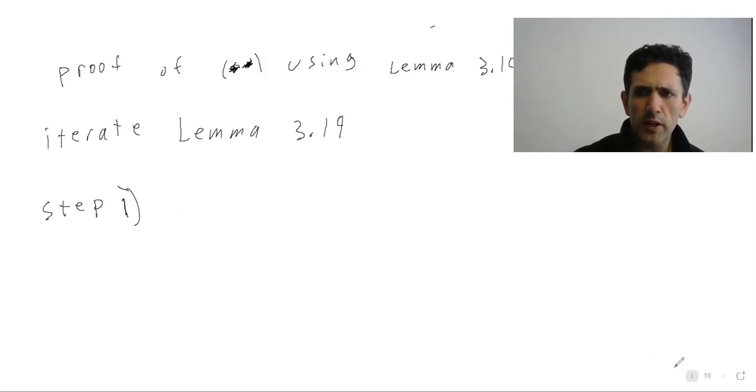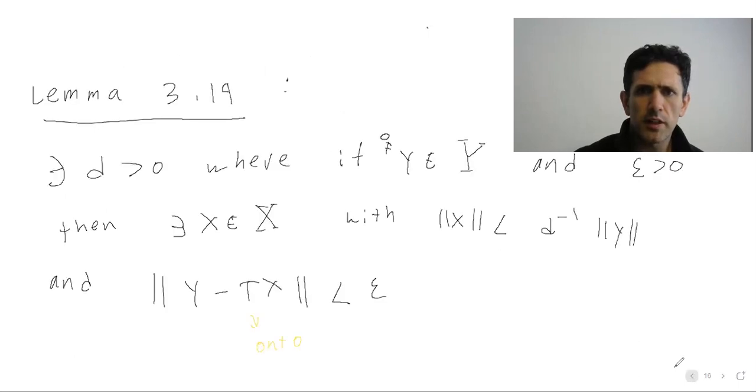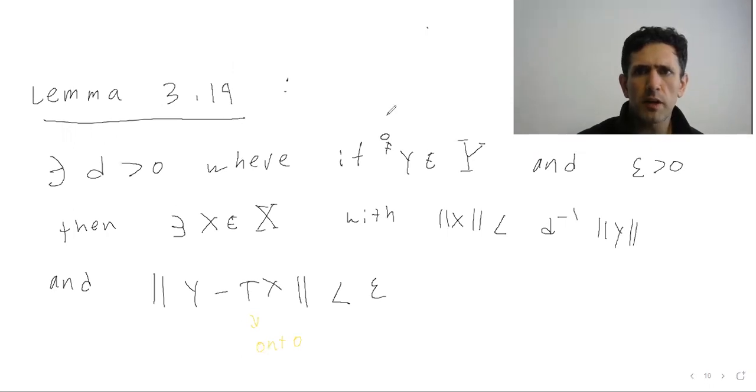All right, so step one. Actually, before I do this, I want to use the book's notation here, because I think it's extremely useful. This epsilon here is going to be my tolerance. It's how close I want y and Tx to be.